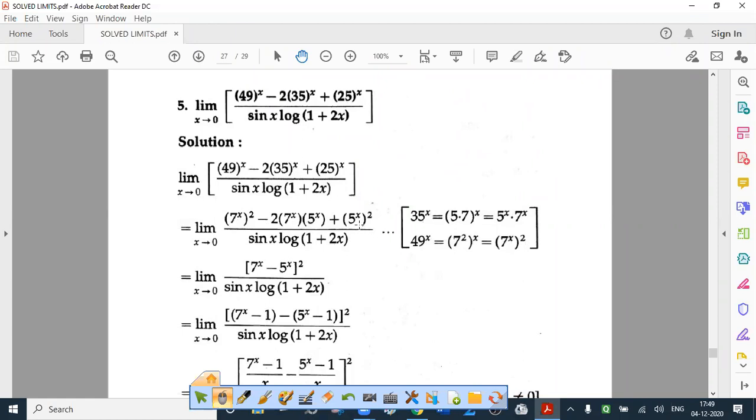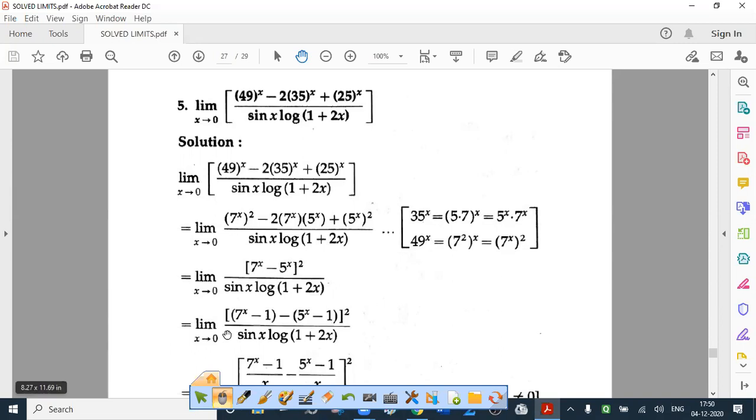25 raised to x will be the square of 5 raised to x. Note that the numerator is the square of (7 raised to x minus 5 raised to x). But again within the bracket, subtract 1 and add 1. See, because we need the exponential function in which form? A raised to x minus 1. That is why.